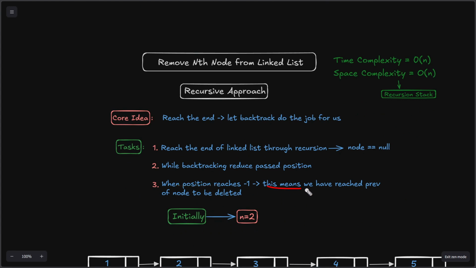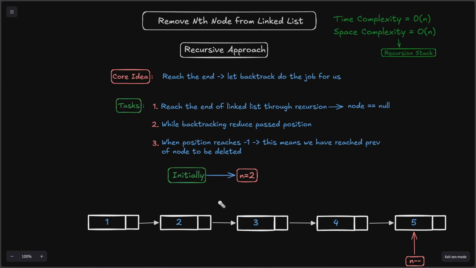After this, we have reached the previous of the node that needs to be deleted. So this is going to handle the case for us. And if you wonder what will happen if we intend to delete the first node, in that case we'll also have a dummy. Our position -1 will reach the dummy and then we'll delete this head.